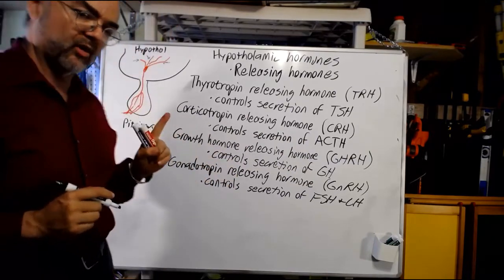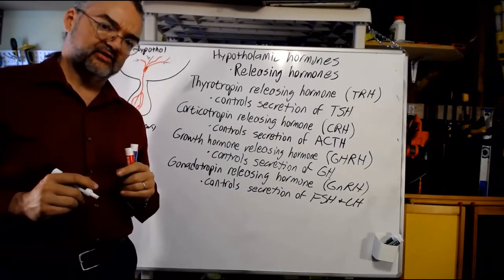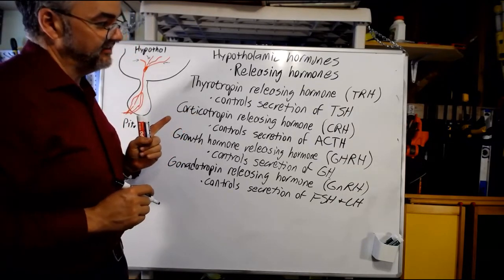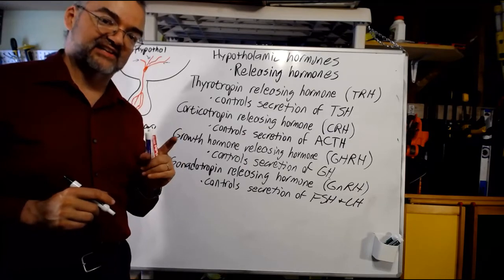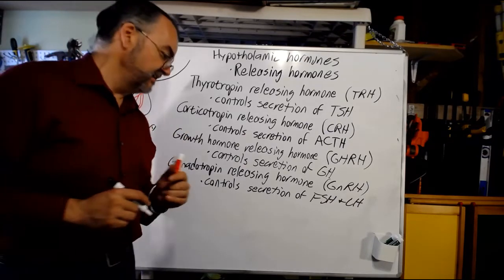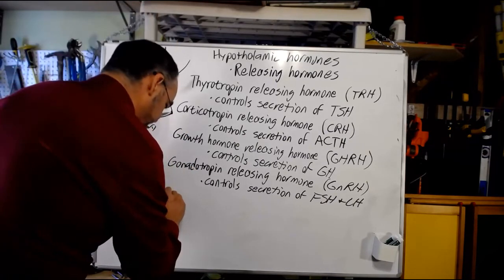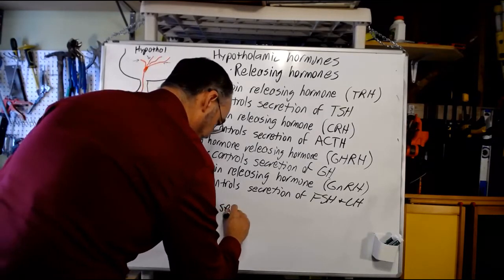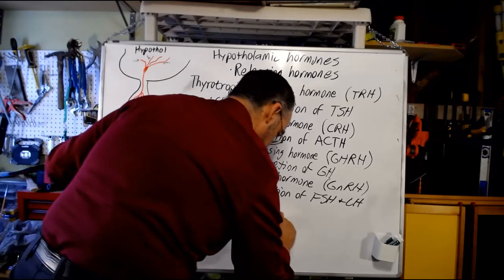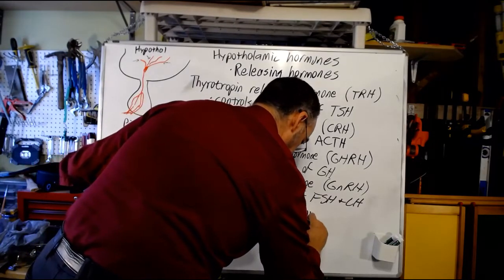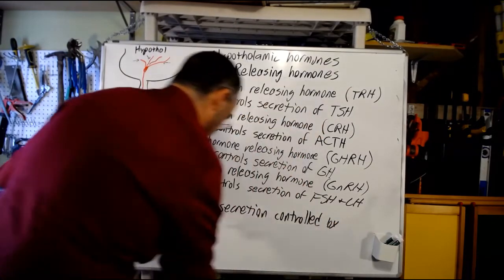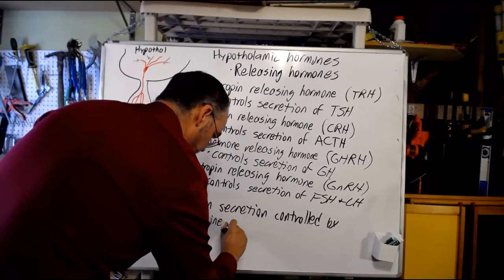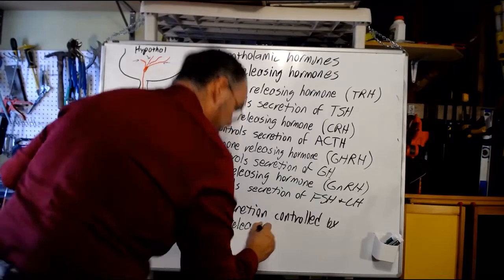There was one more anterior pituitary hormone, though. That was prolactin. And interestingly, there is not a prolactin releasing hormone. Instead, prolactin secretion is controlled by dopamine release from the hypothalamus.